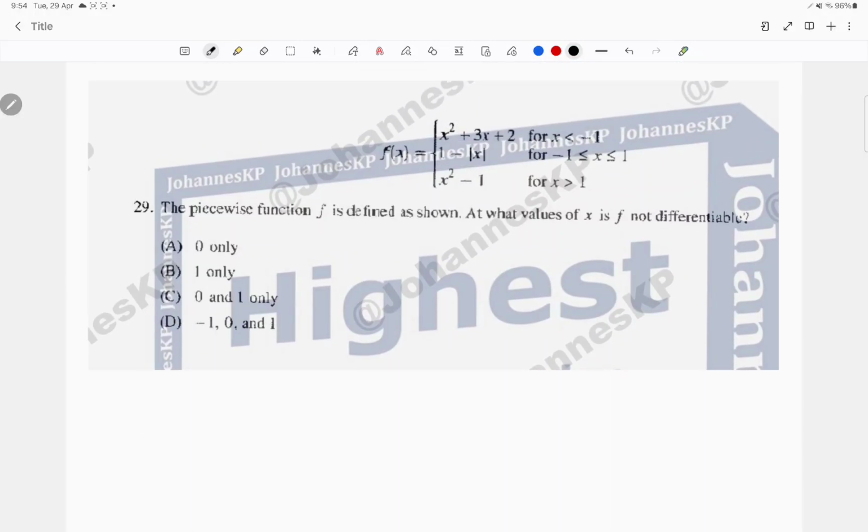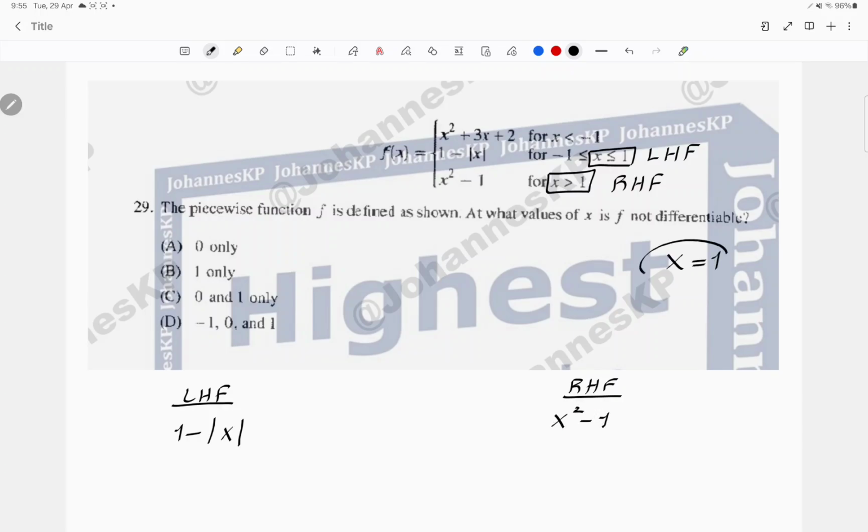So now let me assess the function at x of 1. My left hand function will be this one, and my right hand function will be this one. My left hand function is going to be 1 minus the absolute value of x. My right hand function is going to be x squared minus 1. Now don't forget that x is equal to 1.